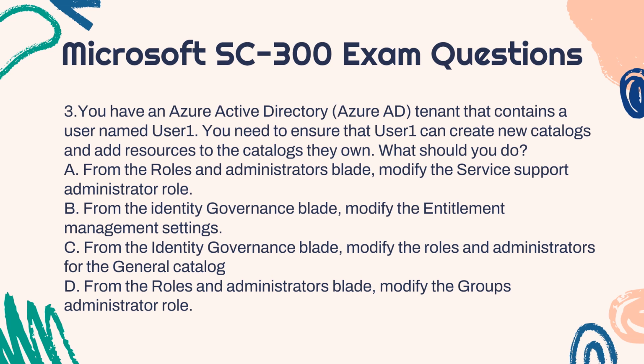B. From the Identity Governance blade, modify the Entitlement Management settings. C. From the Identity Governance blade, modify the roles and administrators for the general catalog. D. From the Roles and Administrators blade, modify the group's administrator role.